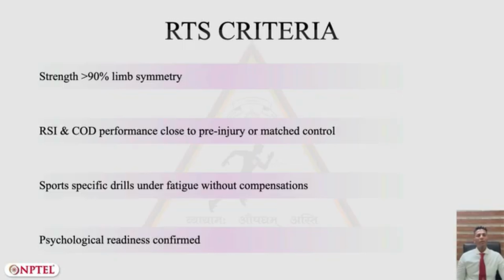And just as importantly, psychological readiness must be confirmed. Athletes need confidence in their knee to fully commit to movement. Meeting all these criteria together ensures safe and confident return to competition.